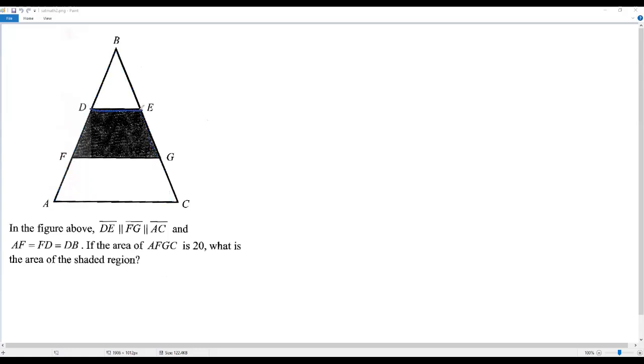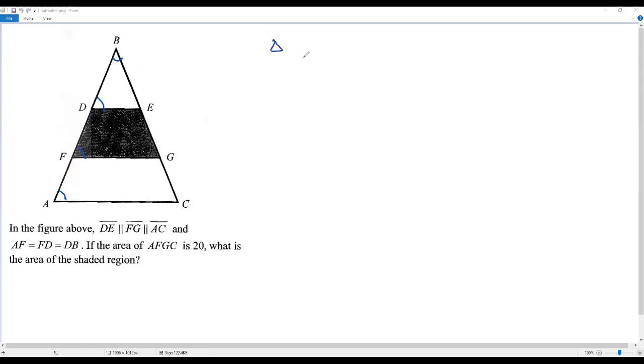Since all three line segments are parallel, we can consider BA as a transversal. So the angle measures here and here are corresponding angles. B is a common vertex for all the three triangles. By the angle similarity postulate, all the three triangles are similar.